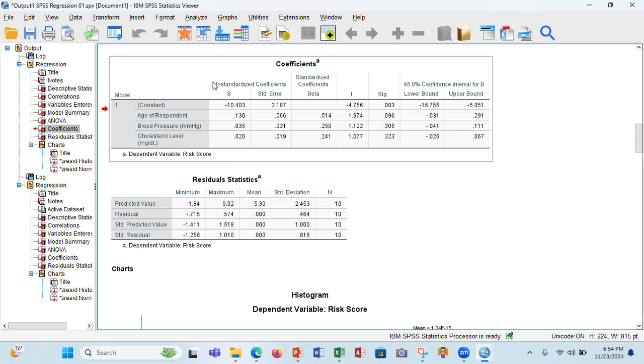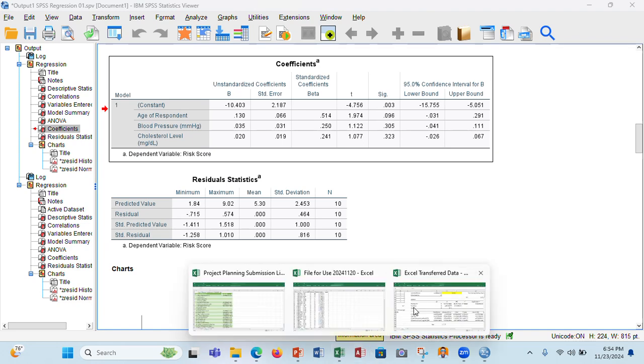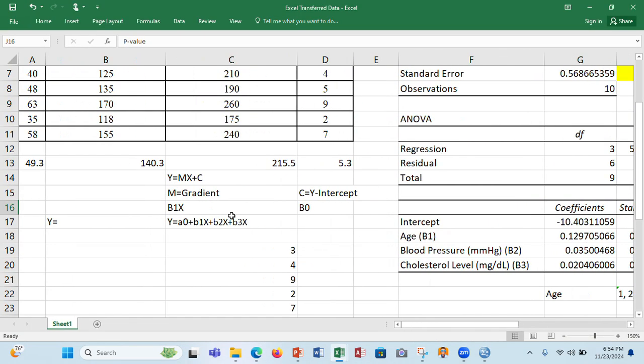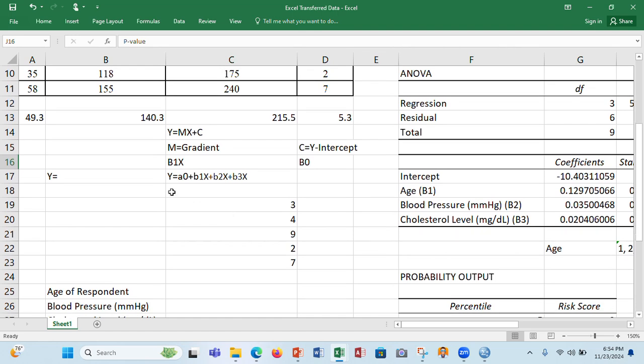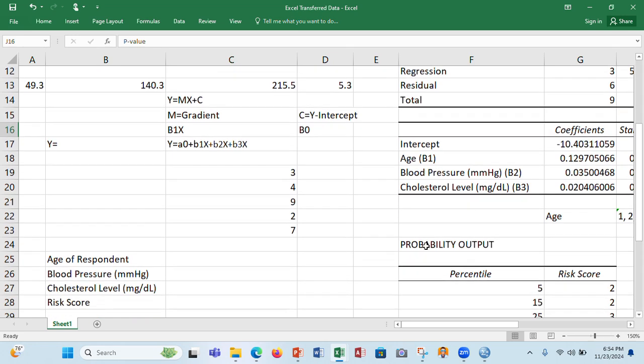However, you could also see that the total unstandardized beta value is -10, which happens when the x value is at 0. Remember that this is a linear regression which is based on a line. To interpret this well, we did that in our Excel sheet, where we said that we have alpha naught, others also call it beta naught, which is the coefficient.